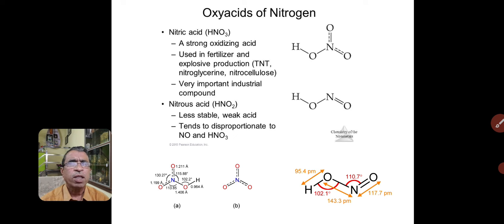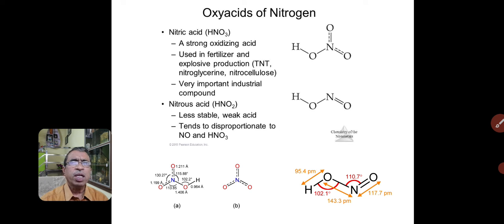In the case of nitric acid, the bond distances and bond angles are mentioned here, which is already explained. In the case of nitrous acid also, the bond angles and bond distances are mentioned. Nitric acid is a strong oxidizing agent. It is used in fertilizer and explosive production.